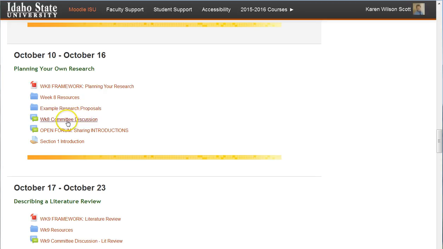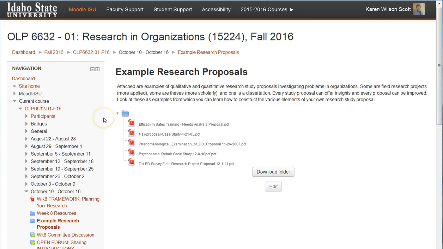Okay then. So let's also take a look at our example research proposals. I hope that you take a look at these, particularly in the area that you're going to conduct or plan for your proposal.